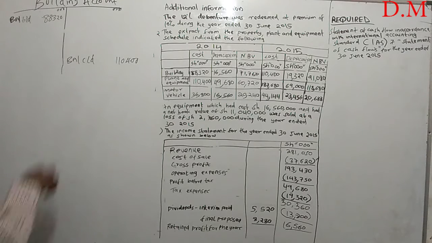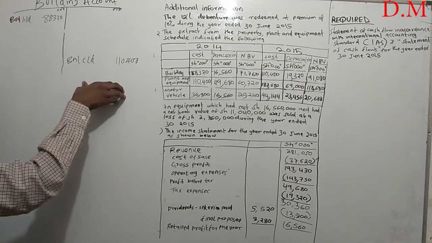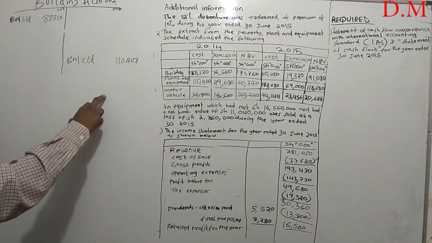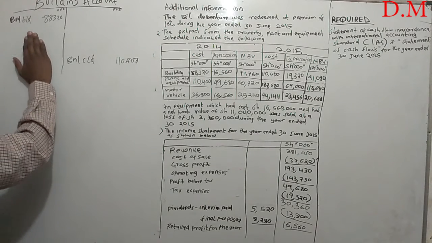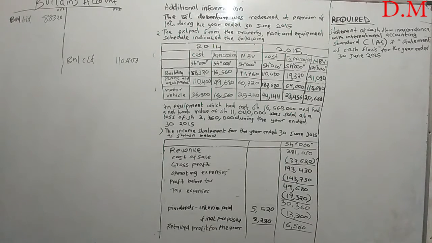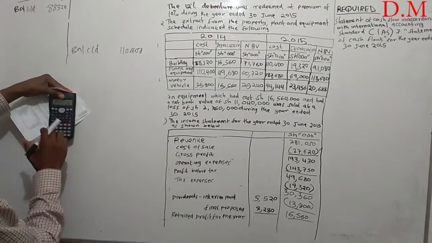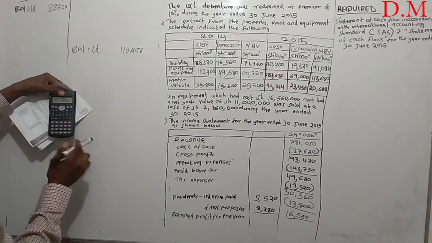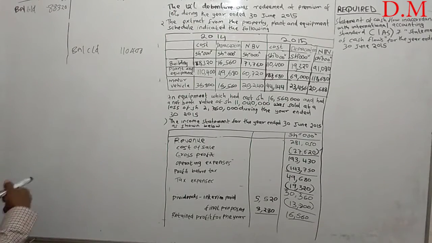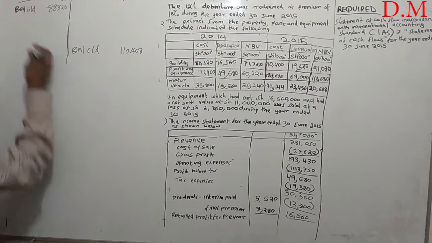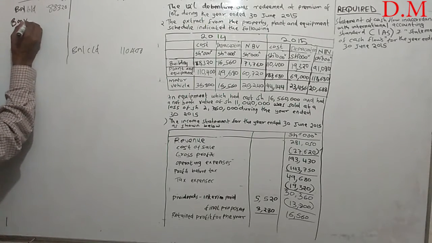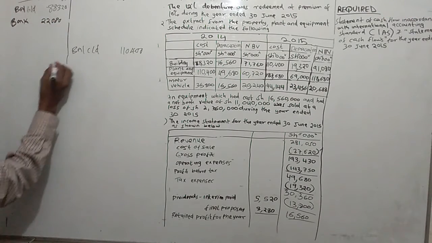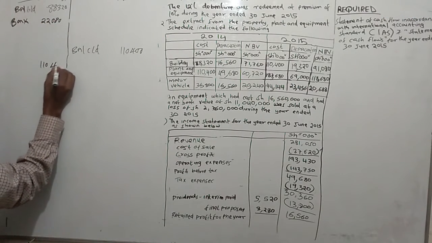Automatically in this question, the credit side is more than the debit, so the balancing figure will be on the debit side. 110,400 subtract 88,320, the balancing figure is 22,080. That is an acquisition, so we say bank 22,080, so that we have 110,400.